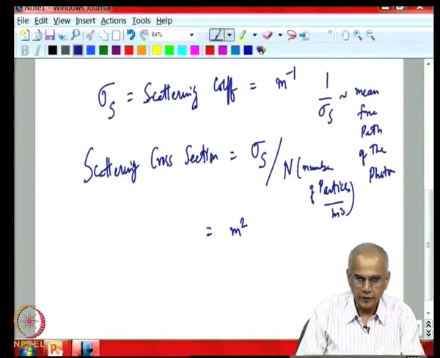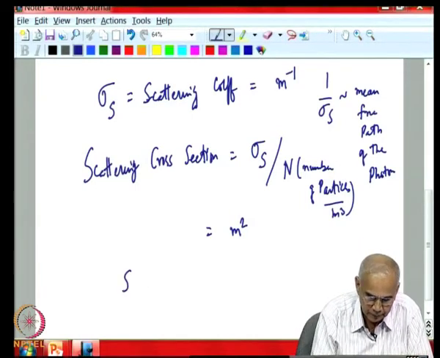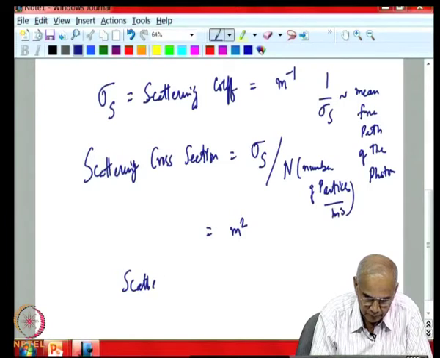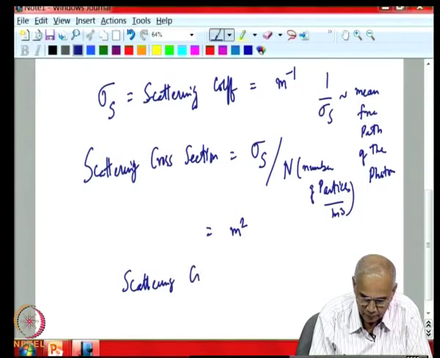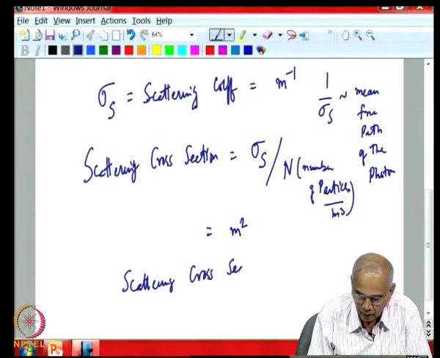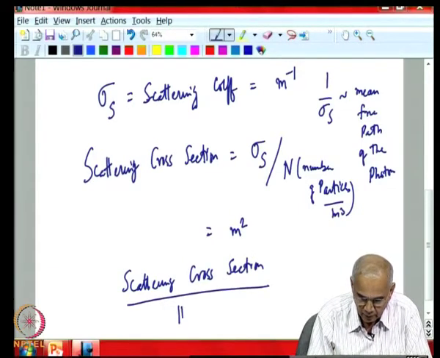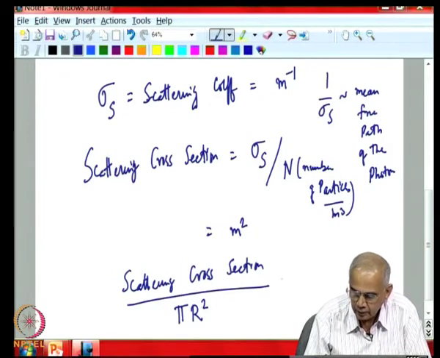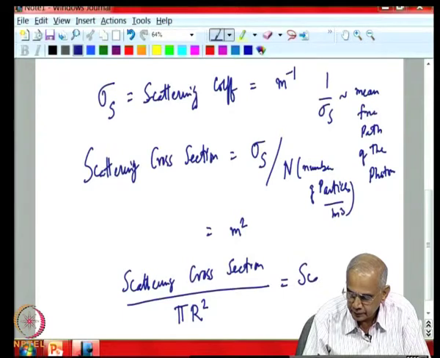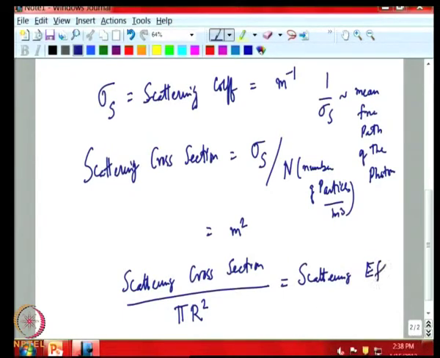And in addition, if you take the scattering cross section and divide by the cross sectional area of the particle, you get the scattering efficiency. So, this is also preferred by many people because of a non-dimensional number.